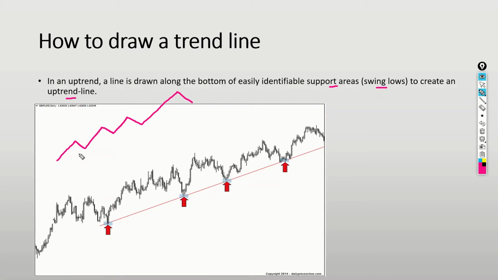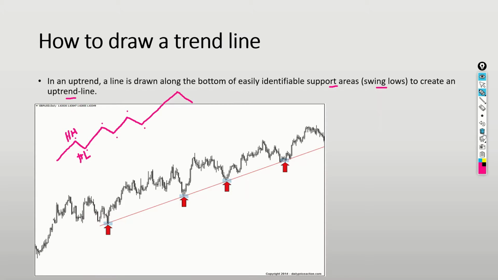And then we say that when it is moving, it forms what we call higher highs. And then it forms what we call higher lows. So here is higher high up, then down is higher low. Higher high, higher low, higher high, higher low.